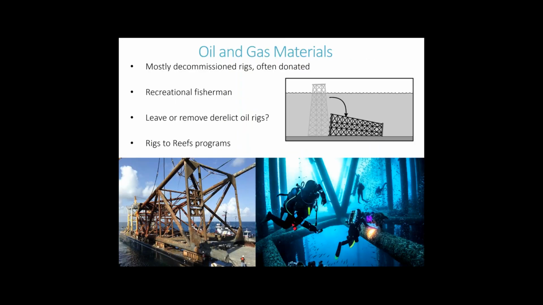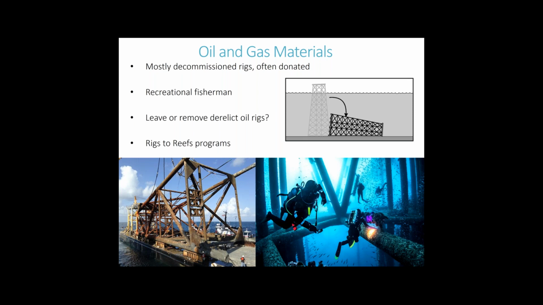And finally, oil and gas structures and materials. This typically consists of decommissioned oil and gas rigs that are often donated by petroleum companies, used typically as part of a tax relief. When these structures are upright and in use, at least in the Gulf of Mexico, recreational fishermen take advantage of these areas because they are really good at attracting fishes in an otherwise open aquascape.